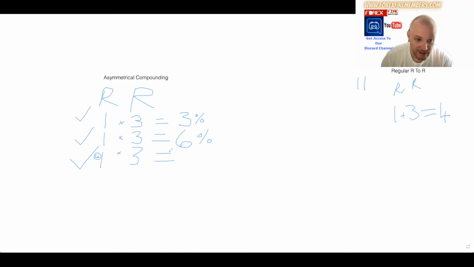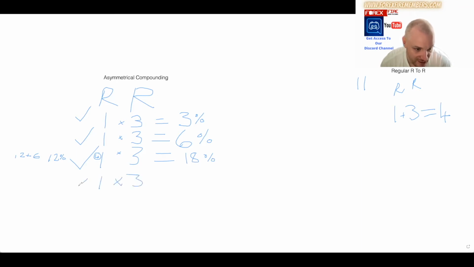So then you've gained 12%. Okay, you gain 12%. So your 12 plus your 6 then will become 18%. Okay, when you do that, you go back to risking your regular 1 to 3.